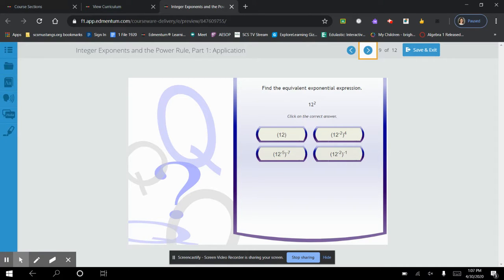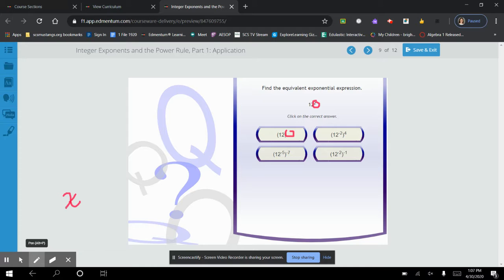Looking at this one, they want us to find an equivalent exponential expression still, but with this one, they've given us the answer and given us 4 options for what it could be. Whatever happens, by the time everything's said and done, we want our exponent to be 2. So looking here, we've got a 12 with no exponent. Remember that conversation we had in one of the previous lessons where I talked about x.